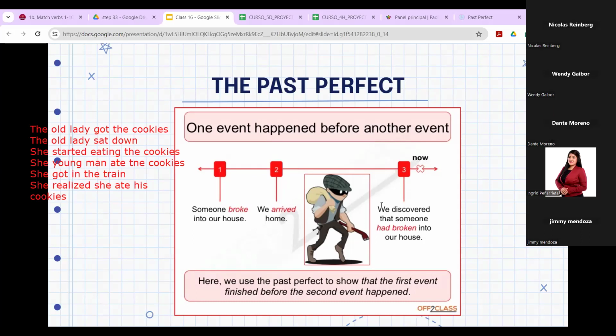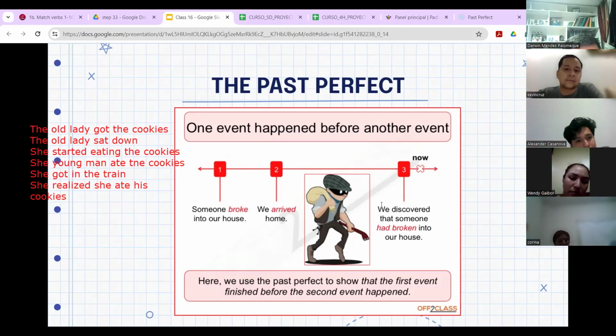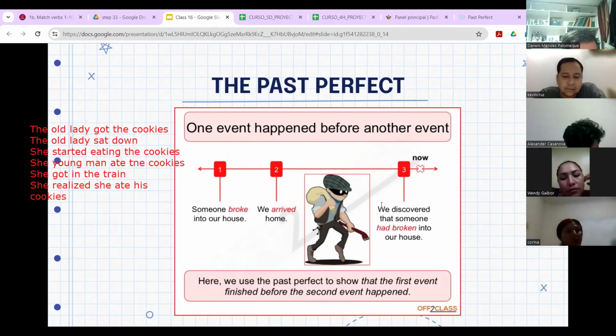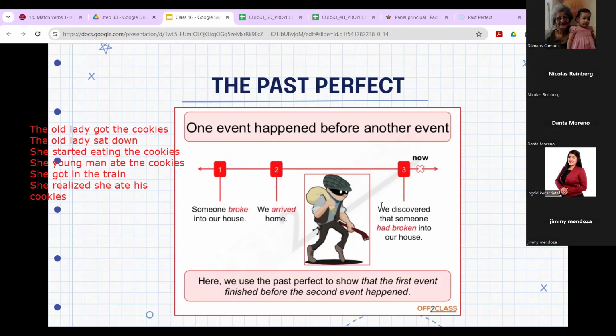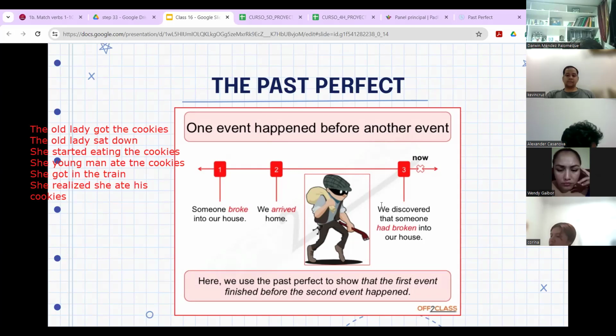And no more. Let me check again. And Kevin and Alexander and Wendy and Elizabeth. Okay, Ricardo here and Ginger and let me see. Marie, Corina, and Lily.